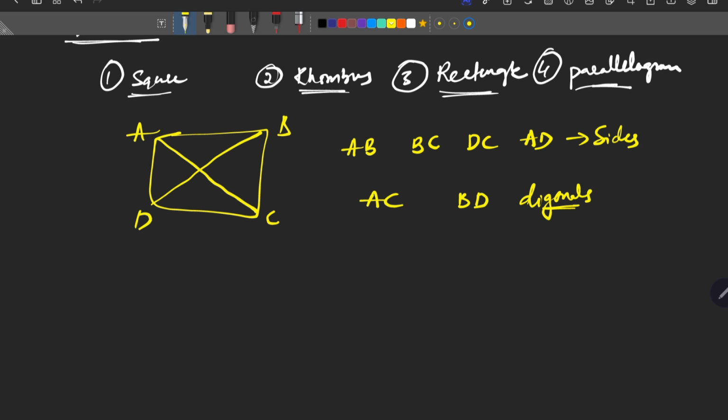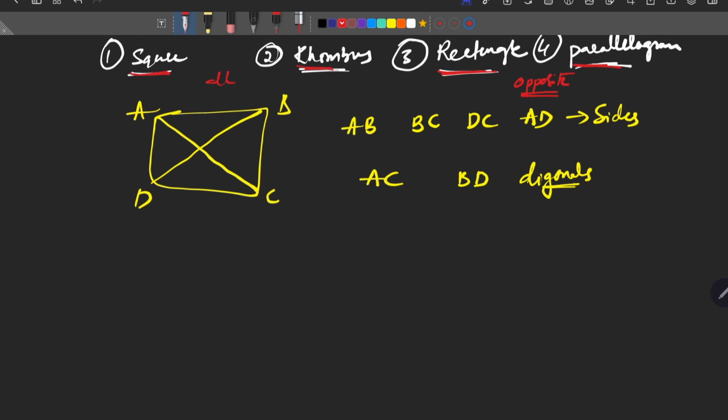Sides and diagonals: there are two criteria we can observe very carefully. In squares and rhombus, all sides are equal. In rectangle and parallelogram, opposite sides are equal. Understood clearly? So now we'll segregate two categories: all sides equal, and opposite sides equal.